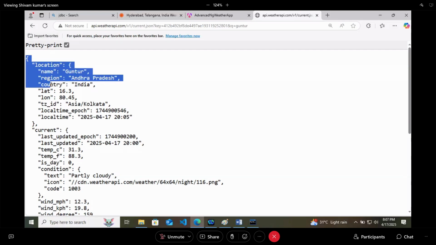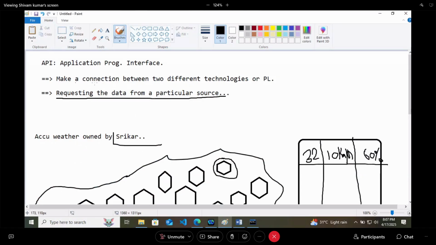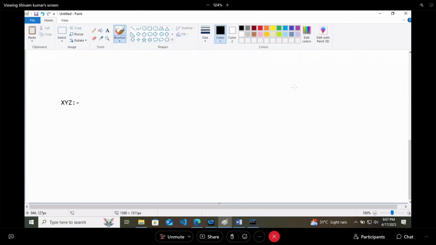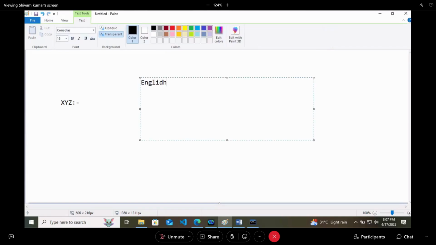So API does two things. First, it makes a connection between two people who don't have any common language. Let's say I am delivering the lecture of Spring Boot here because of this language. If I don't know English, will I be sitting here? Not at all.